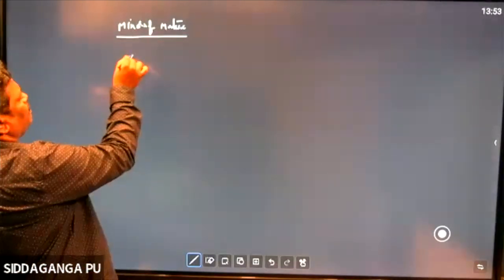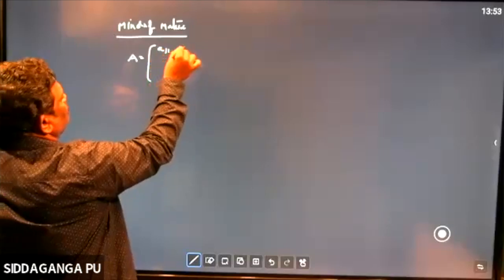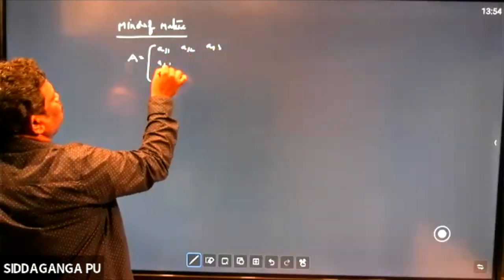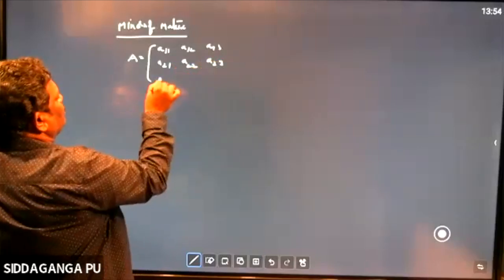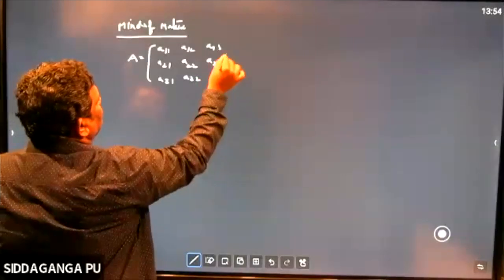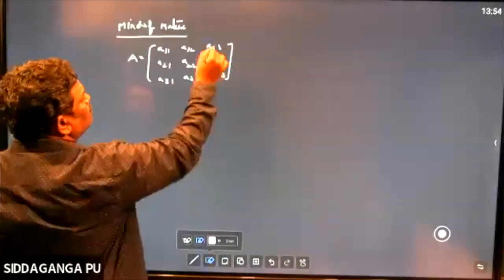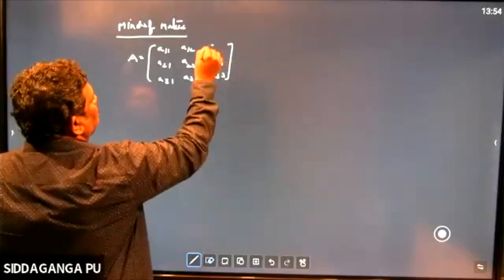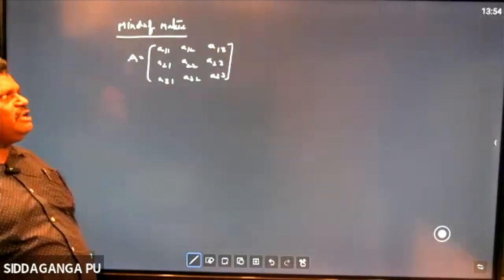For example, we can write the elements as A11, A12, A13, next A21, A22, A23, and A31, A32, A33. I already told you that these subscripts denote positions. So this is the 3 by 3 matrix.